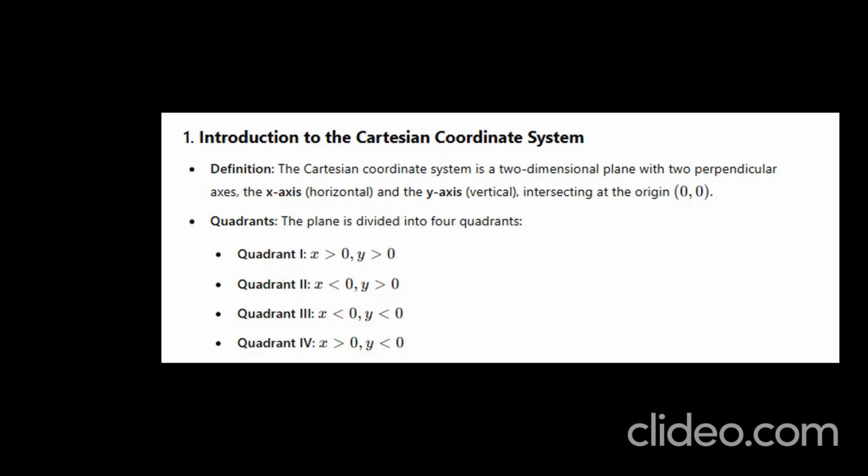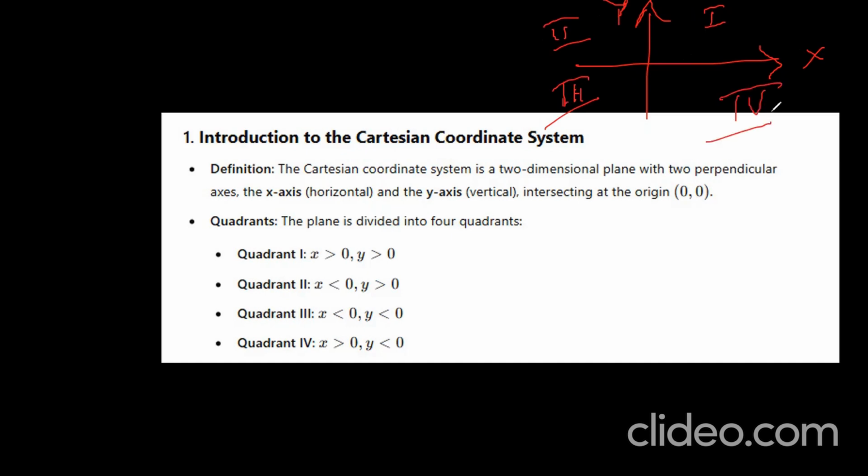If you take the horizontal line, we know that the horizontal line is called the x-axis and the vertical line is known as the y-axis. These two intersect, and the plane gets divided into four quadrants: x greater than 0, y greater than 0. So this is the first quadrant, and second, third, fourth.